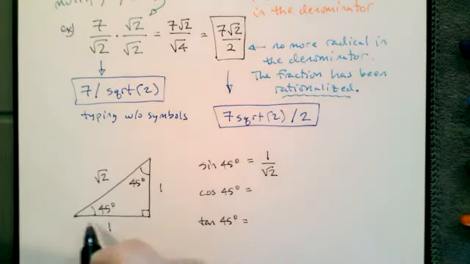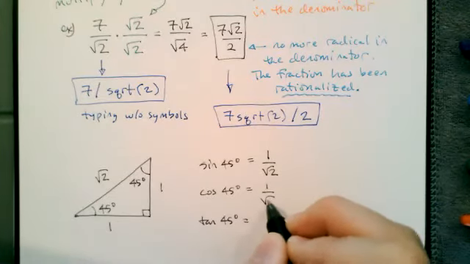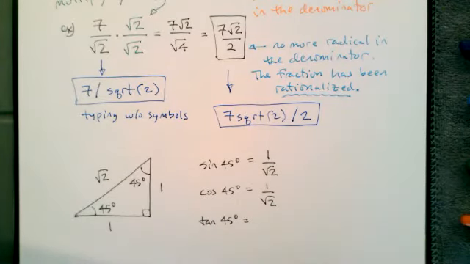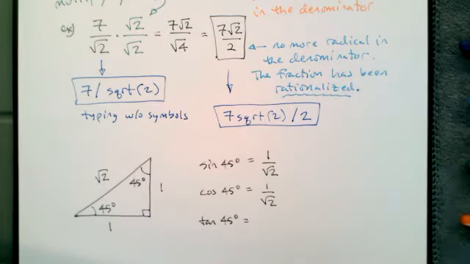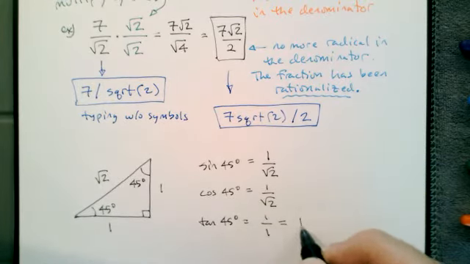Cosine of 45 is adjacent over hypotenuse, and because the opposite and the adjacent are the same, sine and cosine of 45 are the same. That's an important thing to recognize. Sine of 45 and cosine of 45 are equal. 45 degrees is where sine and cosine agree. Tangent of 45 is opposite over adjacent, so that's just 1.